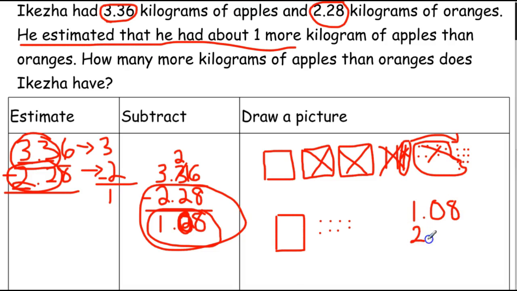Add those together. Okay, 8 plus 8, 16. So I'm going to carry my 1 and put my 6 down here. 2 plus 1 is 3. And 2 plus 1 is 3. 3 and 36 hundredths, which is my original number. So I can check it that way as well, by addition.